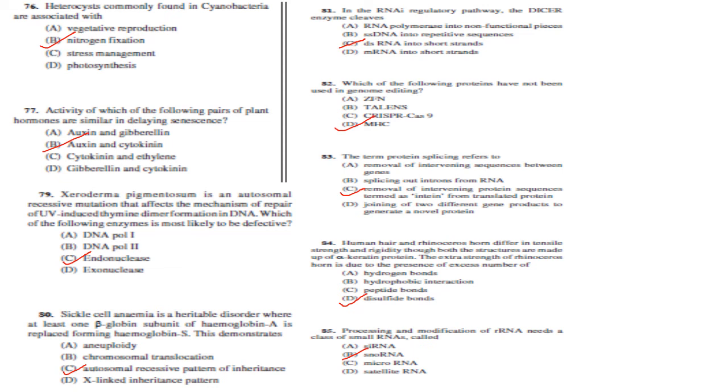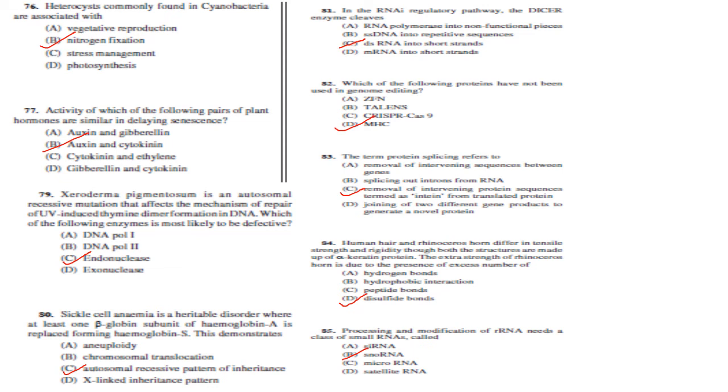Then next one. Xeroderma pigmentosum is an autosomal recessive mutation that affects the mechanism of repair of UV-induced thymine dimer formation in DNA. Which of the following enzymes is most likely to be defective?